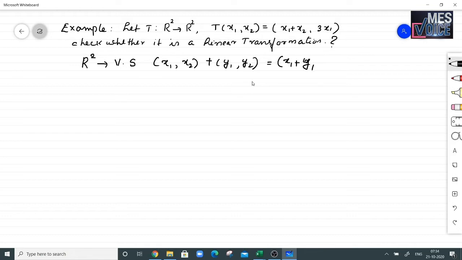That is, (x1, x2) plus (y1, y2) is equal to (x1 plus y1, x2 plus y2). And the scalar multiplication is defined as c into (x1, x2) is equal to (c x1, c x2).